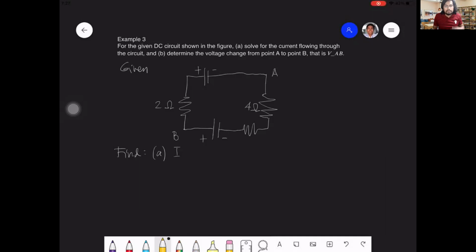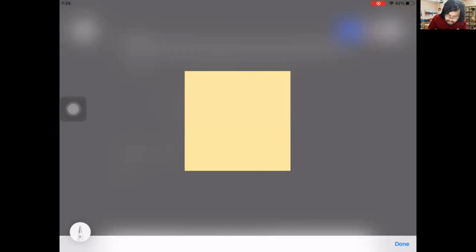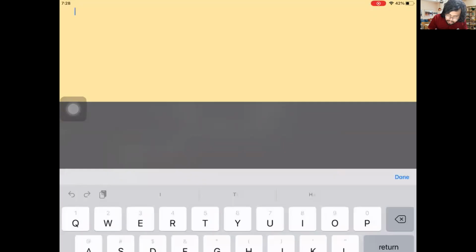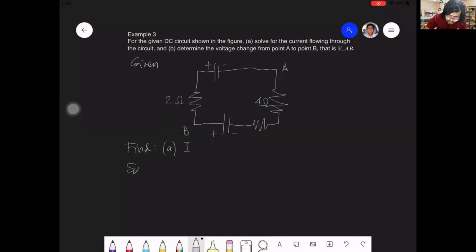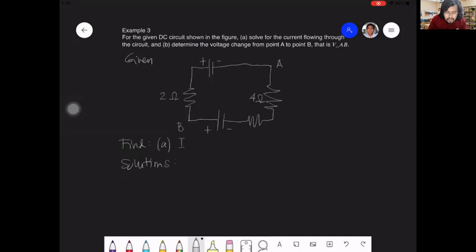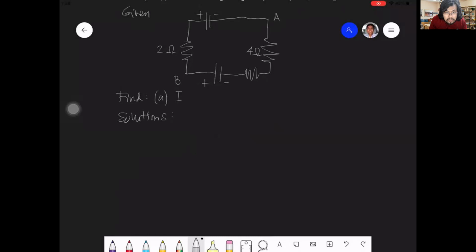Okay, so we have our solution. We start off. Right, again, we have the loop rule.